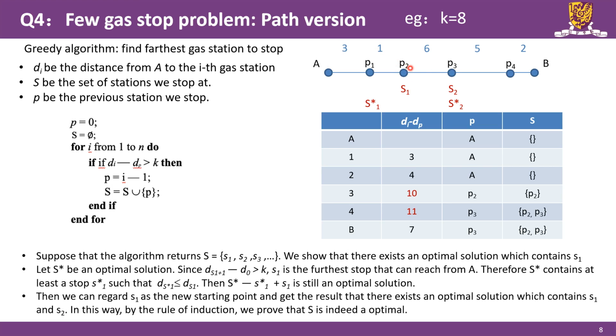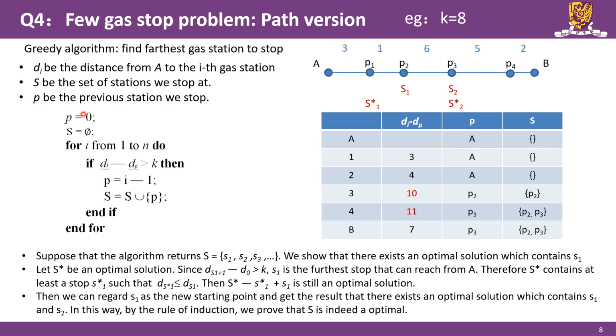And then for P3, the D3 will be 3 plus 1 plus 6, that is 10. The capital S will record all the stations that we stop at, that is maybe S1, S2. And the lowercase p will be a pointer to the previous station that we stopped at.